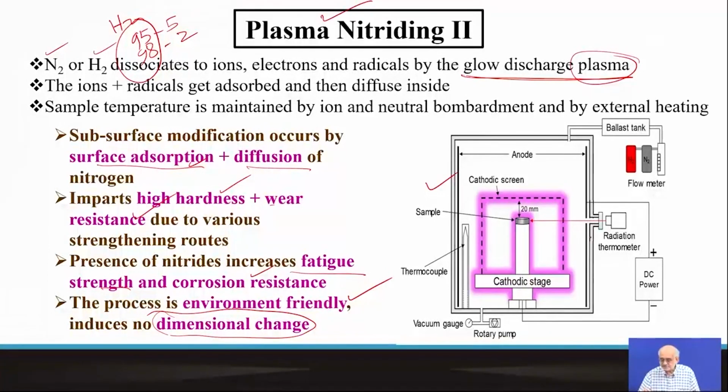So this is the chamber, and when the plasma is created, this is the kind of glow that we see, which surrounds the sample, and that's how we create nitriding. The thermocouple measures the temperature and maintains an exact isothermal state. And as I said, this is the anode and the sample itself is the cathode.